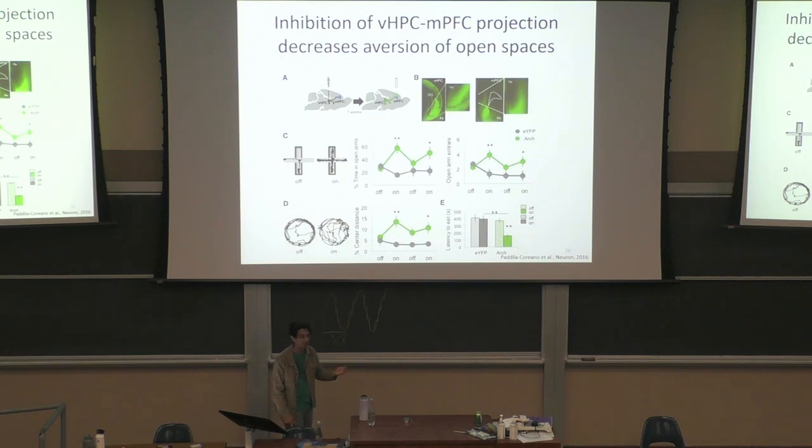There they showed that if you optogenetically inhibit the projection from ventral hippocampus to medial prefrontal cortex, you get an increase in open arm exploration. So this was going from the correlation to the causal.